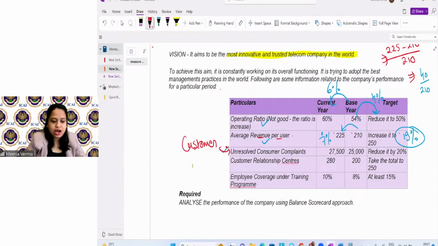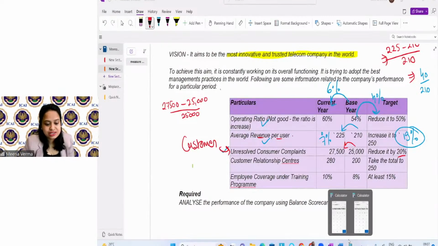This point, unresolved customer complaint, we have targeted to reduce by 20%. Instead of reducing, it has increased. How much? 27,500 minus 25,000. So instead of reducing it, it has increased.